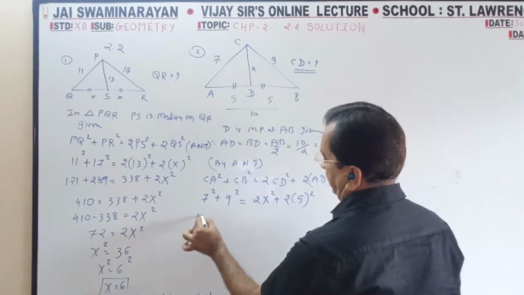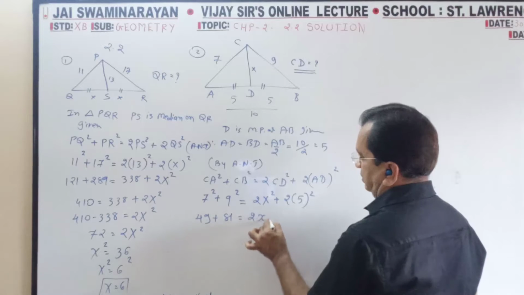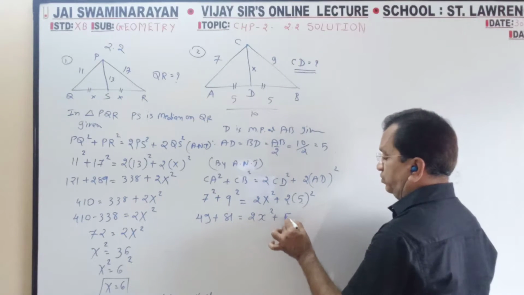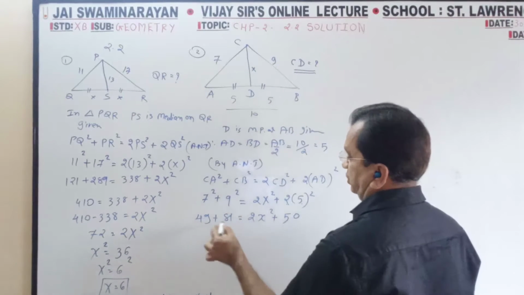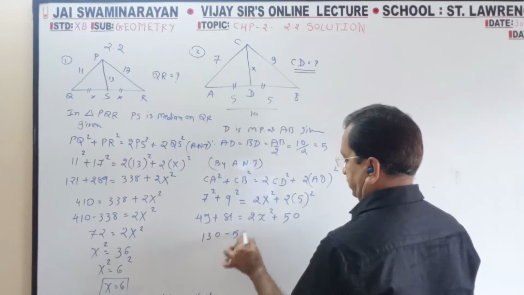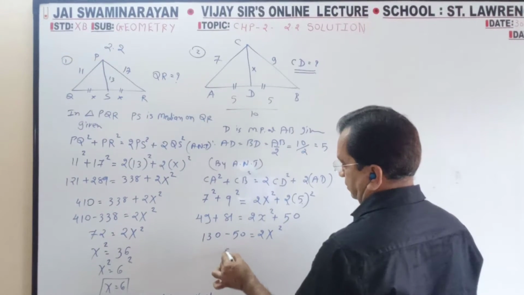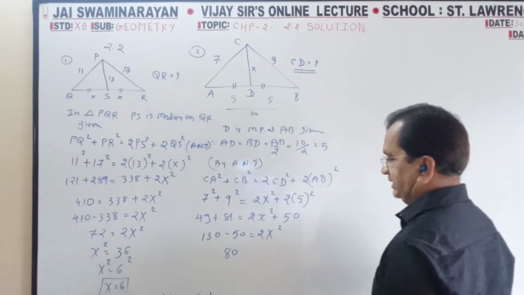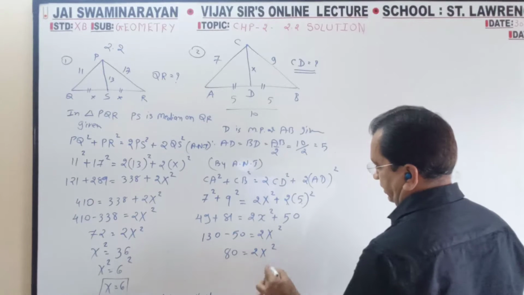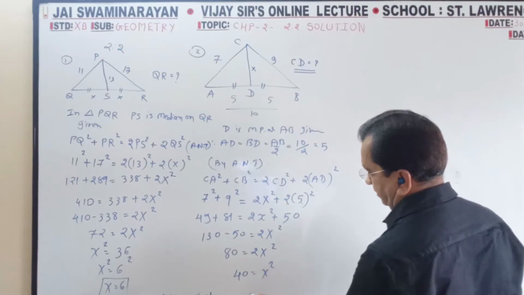Seven sevens are 49, 9 nines are 81, 2x square, 5 fives are 25 plus 25, so 2 into 25 is 50. So this is 130 minus 50, 2x square. 80 is equal to 2x square. 40 is equal to x square.